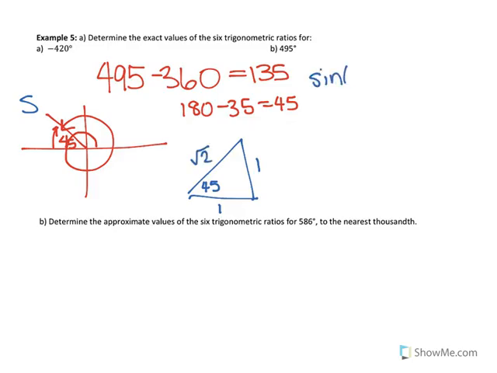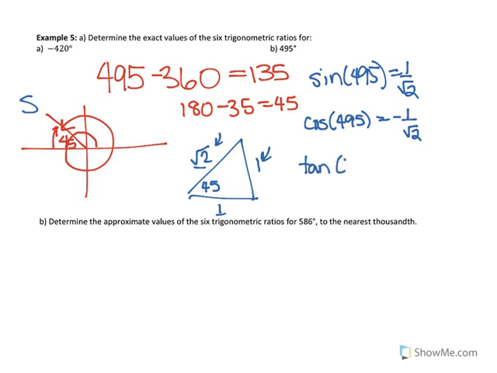So I'm going to say sine of 495 is equal to opposite over hypotenuse, so that's 1 over root 2, and sine stays positive. Cos of 495 is equal to adjacent over hypotenuse, which is 1 over root 2, and because it is in quadrant 2, it has to be negative. Tangent of 495 is equal to 1 over 1, and it's negative.